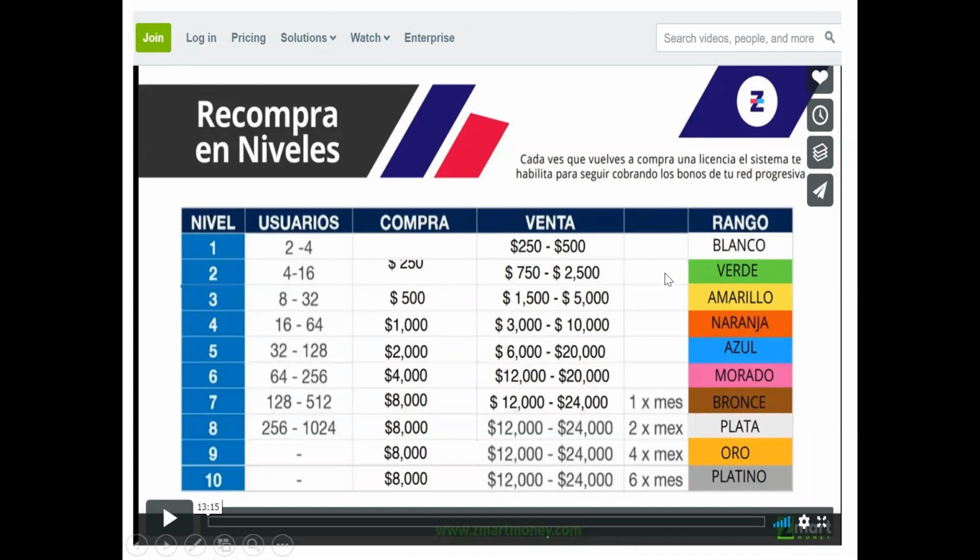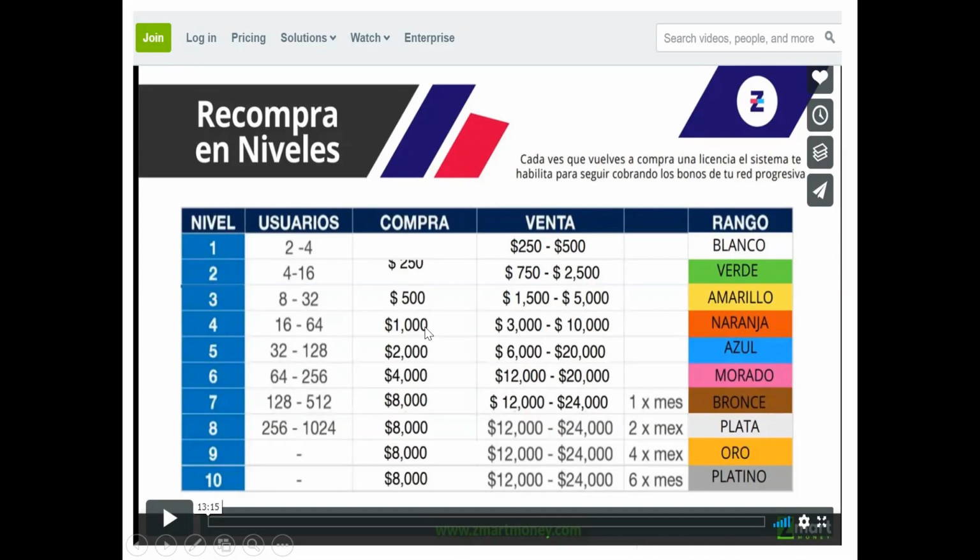So from there, they're going to move to the next level as they move forward, which is yellow, amarillo. And as you can see, at that stage the advancement is $500. So half of that would be 250, right? So again, from the 4 or the 16 or whatever you have on there in terms of numbers, you're going to earn a 50% commission from there. So from there, you're going to move forward to orange, which is naranja in this case.